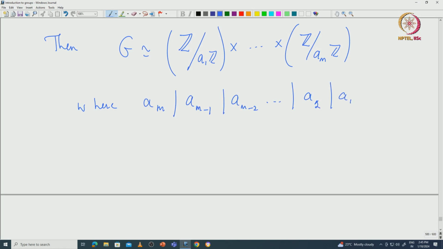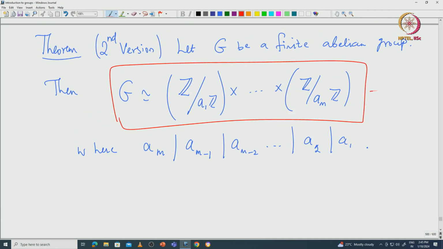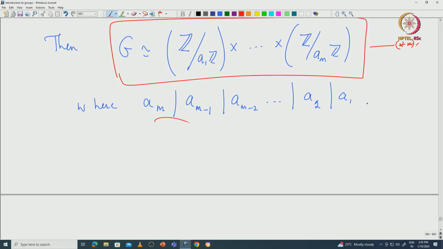Call this star, with this property. This property is very important.